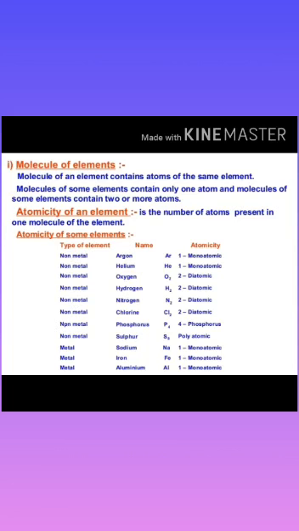Non-metal chlorine, Cl2, 2, diatomic. Non-metal phosphorus, P4, 4, polyatomic. Non-metal sulfur, S8, 8, polyatomic. Metal sodium, Na, 1, monoatomic. Metal iron, Fe, 1, monoatomic. Metal aluminium, Al, 1, monoatomic.